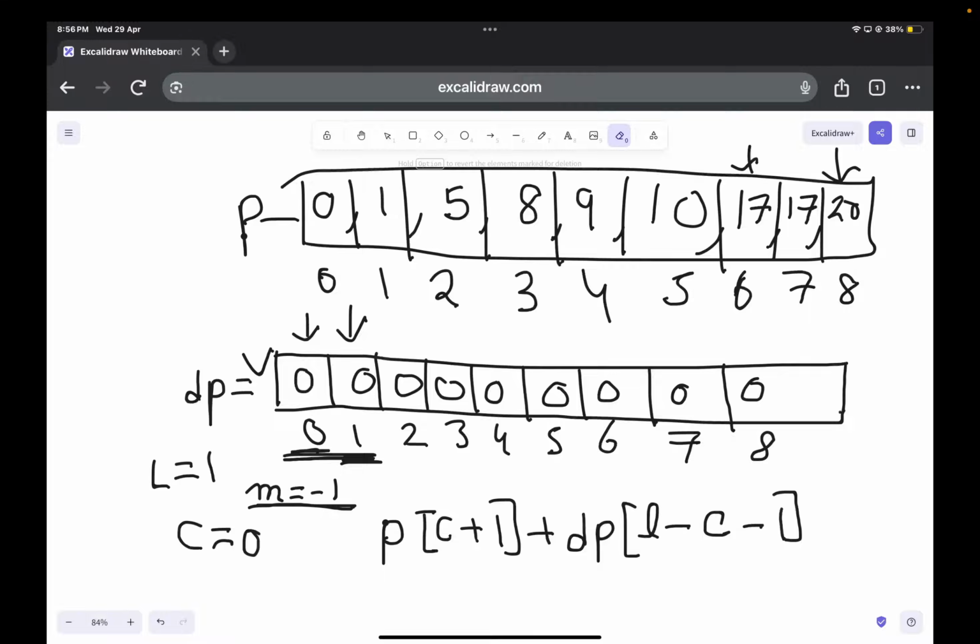Yes, sir. First, we will take the price. Are others able to listen to her? Sneha, your voice is breaking.